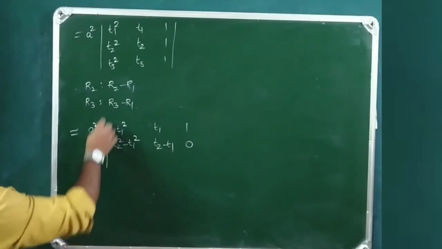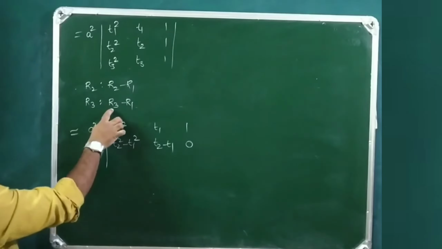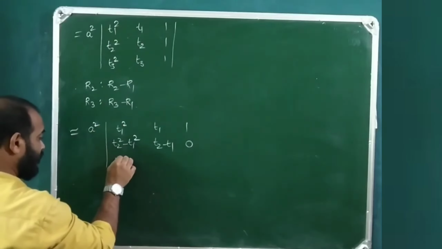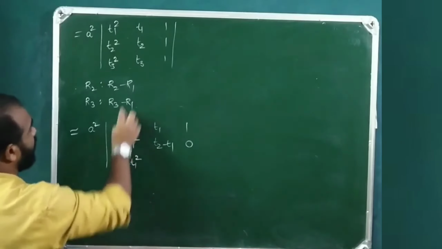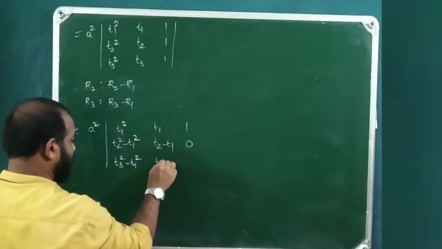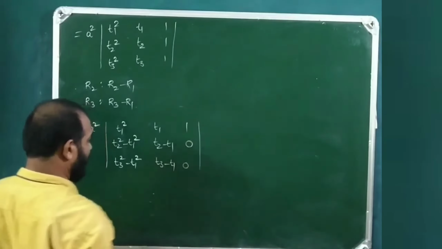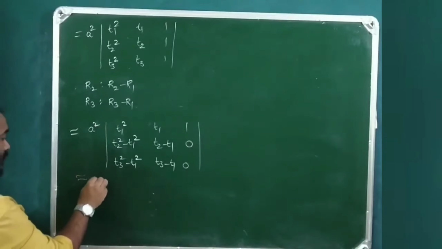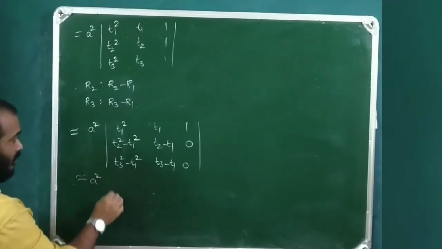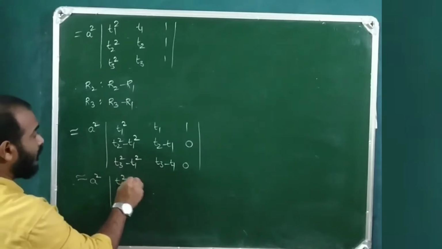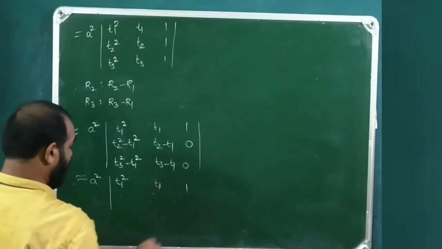Likewise, row 3 is transformed as row 3 minus row 1, T3 square minus T1 square, here T3 minus T1, 1 minus 1 is 0. This is equal to A square, here T1 square, T1, 1.